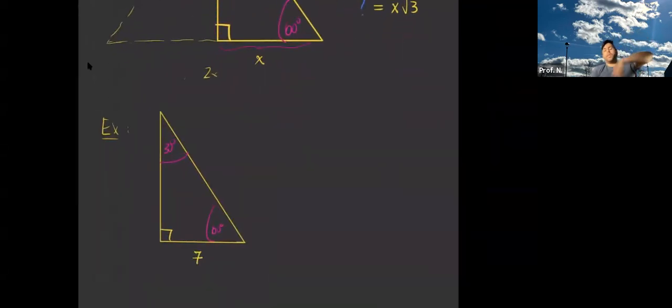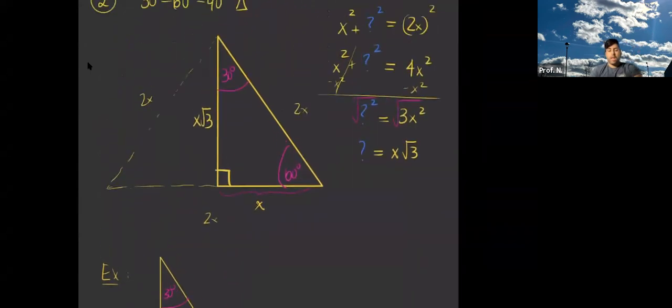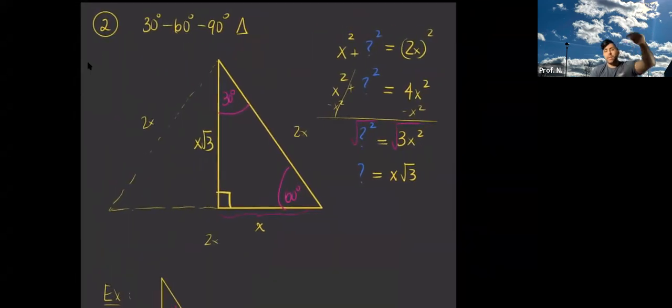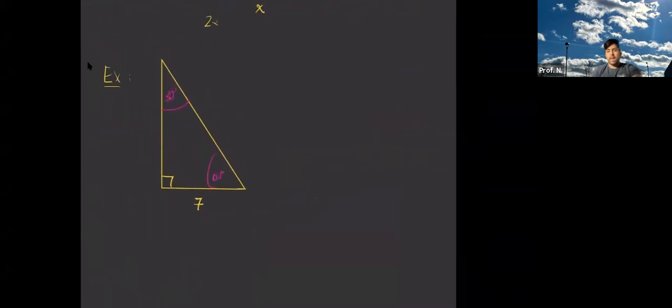Then I should know all the other sides, because every 30, 60, 90 triangle behaves like this one. So if the smallest side is 7, that's x, you see that?